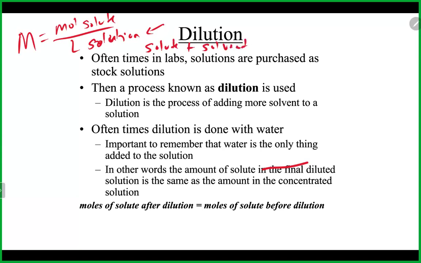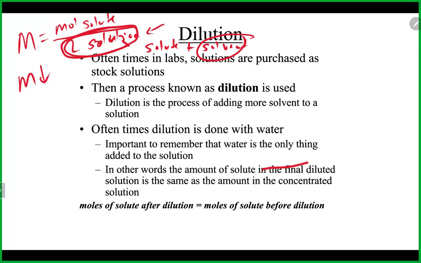So when you add more water and you do a dilution, you're adding more solvent, and the only thing that gets bigger is the bottom number here. Because this bottom number gets bigger, the molarity drops down. Again, if you have some ice and it melts in your drink, obviously it tastes a lot more dilute than it did when you originally got it, because of all the extra water molecules now floating around in the solution.